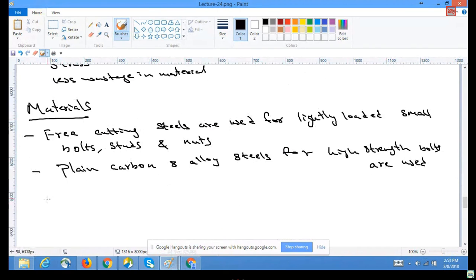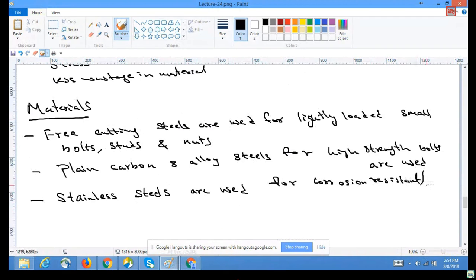And if you need marine or corrosion resistance, then special materials are used for corrosion resistant or offshore applications.